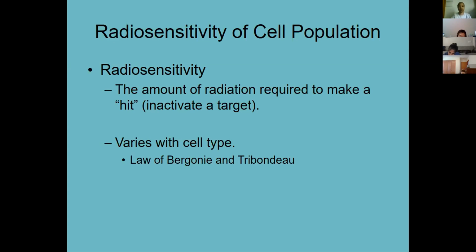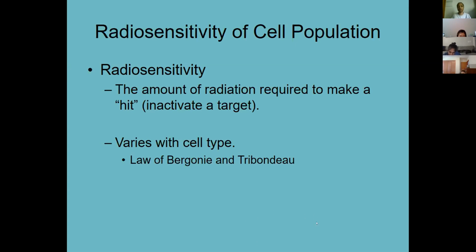So therefore, if we were using those cell types in cell survival curves compared to other cell types, they would be the most radiosensitive or the most easily damaged by radiation.